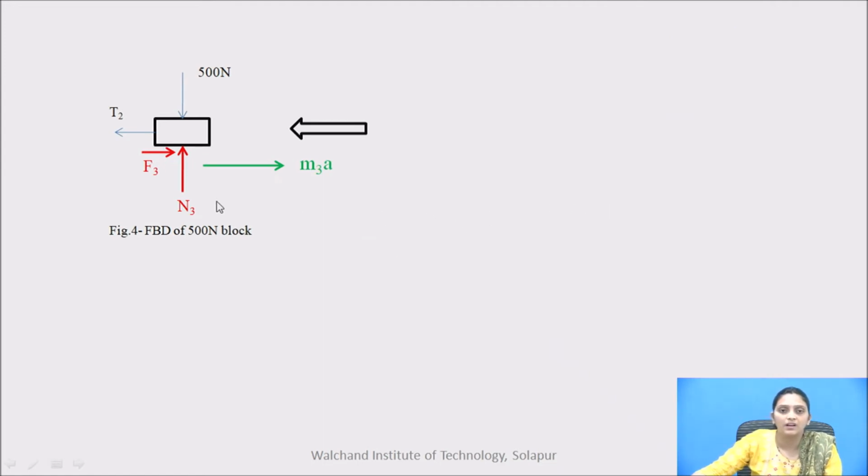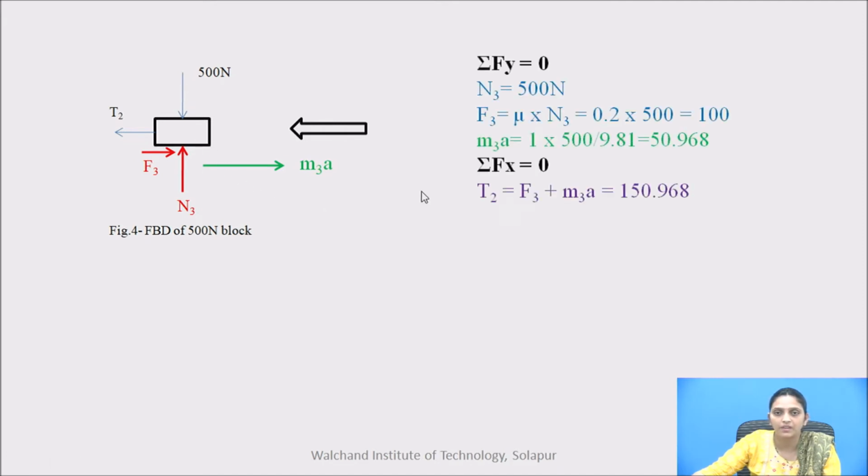Now consider figure number 4 for the analysis first, because here only one unknown is there, that is T2. So use the first equation, summation of Fy equals 0. By using the summation of Fy equation, we get N3 equal to 500 Newton.